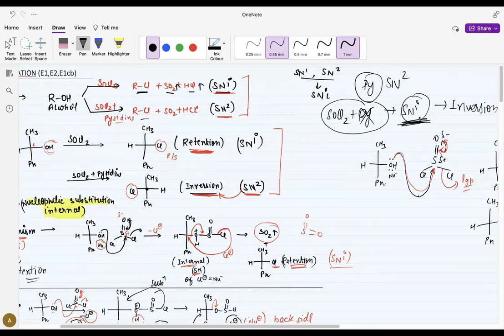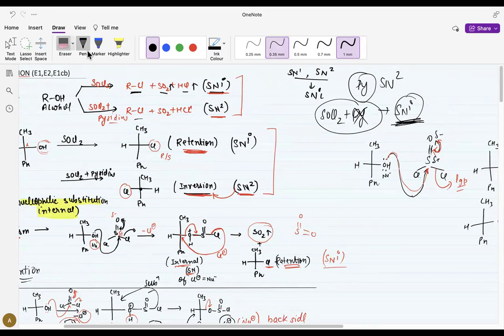SNi में retention होती है, और SN2 में इन्वर्जन.